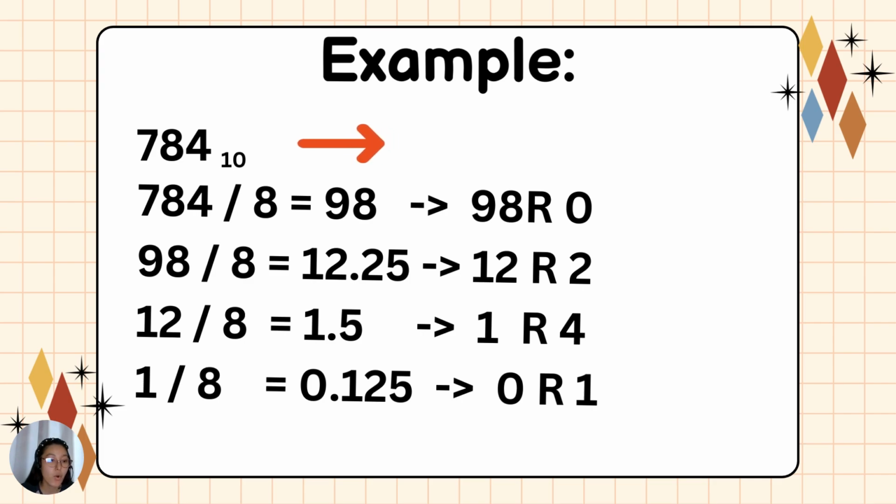And then we will copy again 1 divided by 8 equals 0.125. So we will put there 0, and for the remainder, we will multiply 0.125 by 8. So 8 times 0.125 equals 1. So 0 remainder 1.